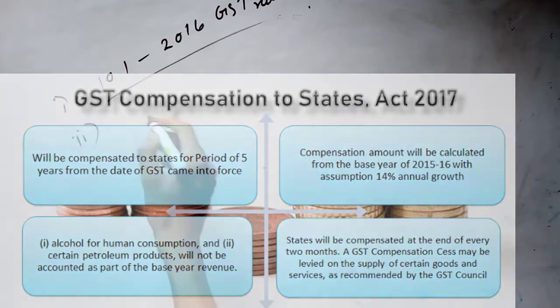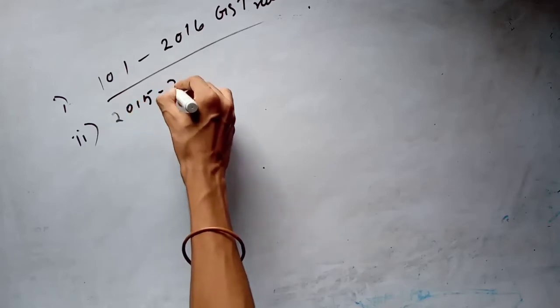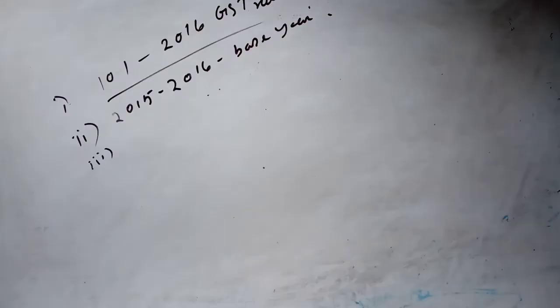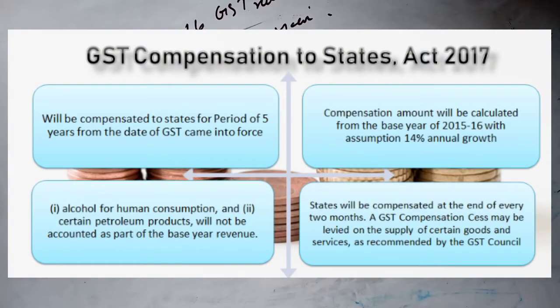The council took 2015 and 2016 as the base year. Compensation amount will be calculated from the base year 2015-2016 with the assumption of 14% annual growth.